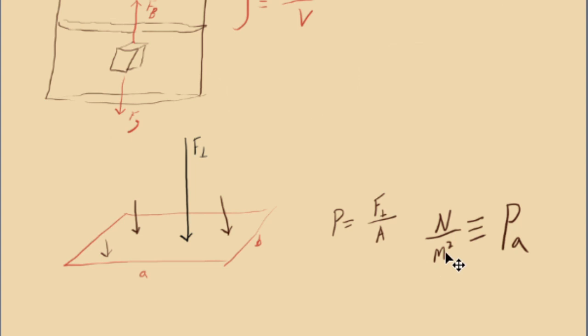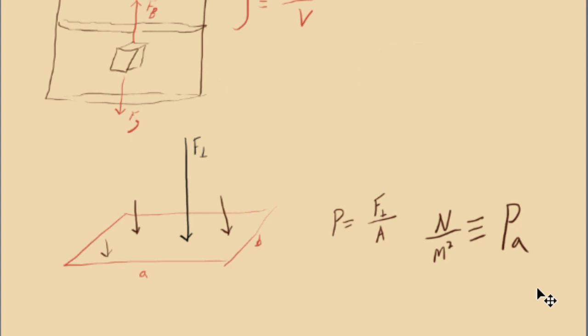So if we follow our units, we could see here in the numerator we've got force, so our numerator's units are going to be newtons. And in the denominator we have area, so our base SI units would be meters squared. And so the units we're going to work in physics for pressure are called pascals.